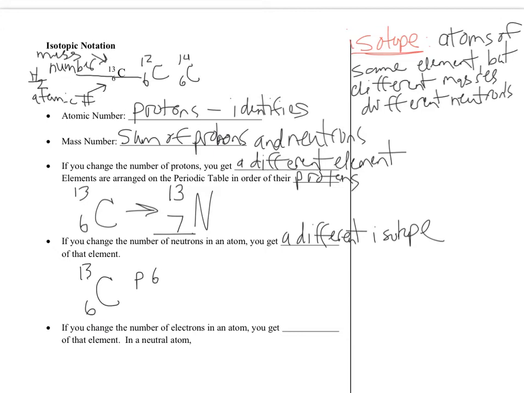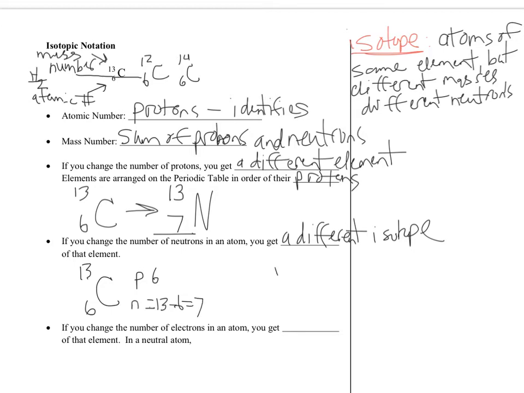Because this mass is 13, the neutrons are equal to the total mass minus the protons. So out of this 13, 6 of them are protons and the rest are neutrons, right? The mass is 13, protons and neutrons each weigh 1. There are 6 protons, and so the rest of them are neutrons, so 13 minus 6 is 7 neutrons, okay?